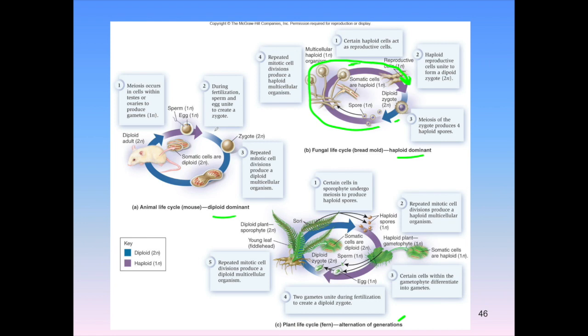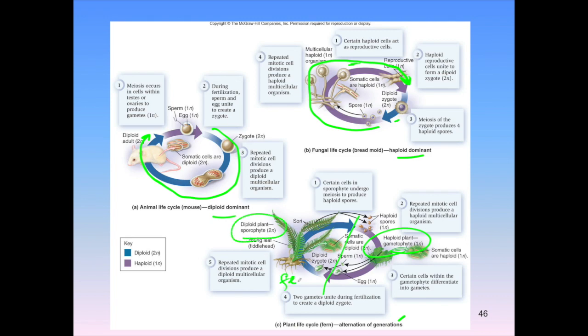Over here in a eukaryotic, like we are, you can see that 3/4 of the life cycle or more is in a diploid state. So we exist in a diploid state, so we are considered diploid dominant. Alternation of generations is 50-50. They spend half their time in a diploid state and half their time in a haploid state. In the haploid state, they are a gametophyte, and in the diploid state, they're a sporophyte.